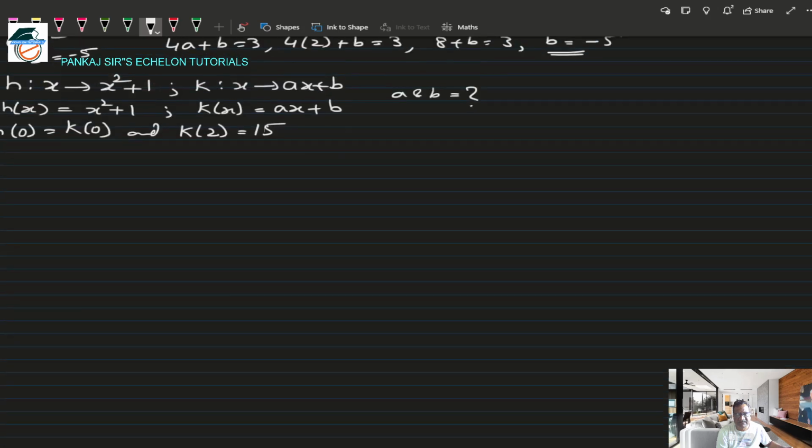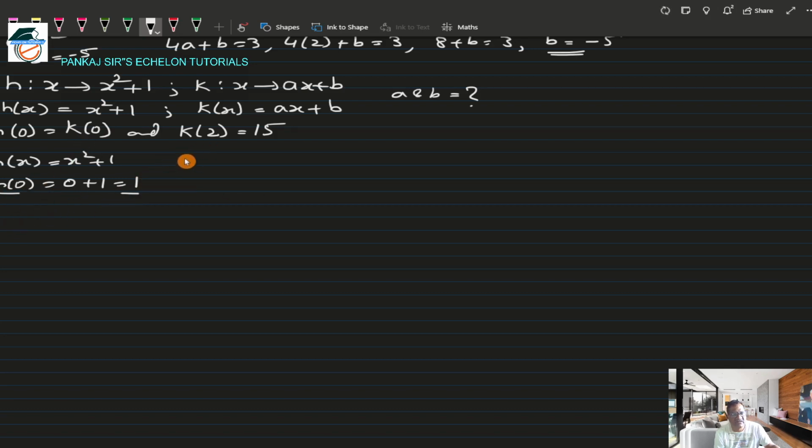So h of x is equal to x square plus 1 is given. From this, if you put h of 0, it should be 0 plus 1, that is equal to 1. So I get h of 0 equal to 1.